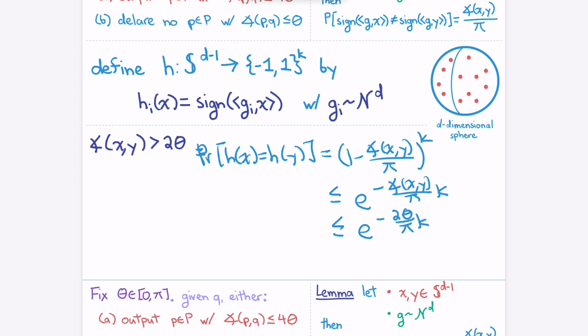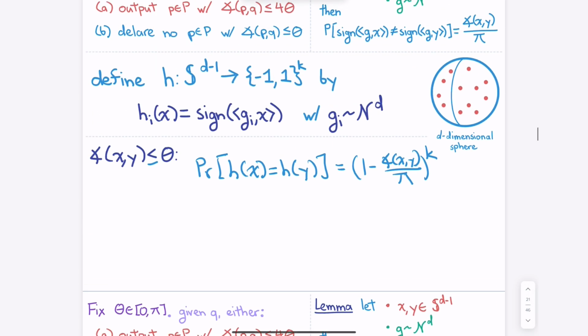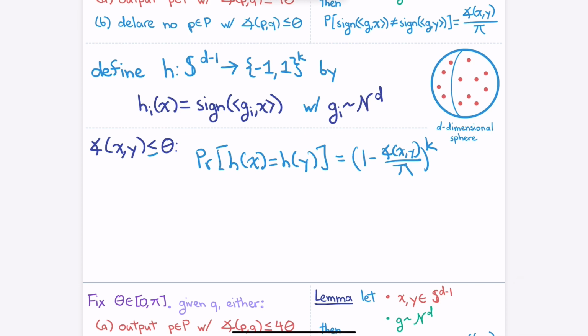Now, this next part I'm going to cheat a little bit to keep the calculations cleaner. So bear with me. In the regime where the angle is much smaller than pi, 1 minus x is basically e to the minus x, right? It's actually greater than e to the minus x plus x squared, for example. You give back a second order term, but x squared will be small if the angle is small. I don't want to carry those calculations with me for the sake of this lecture.